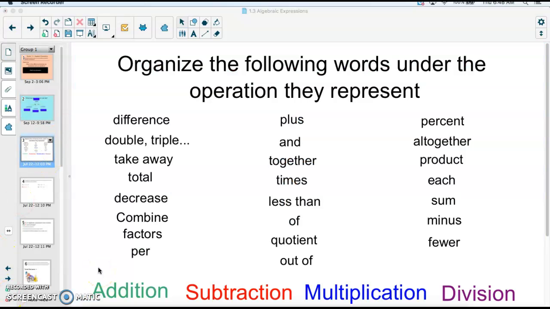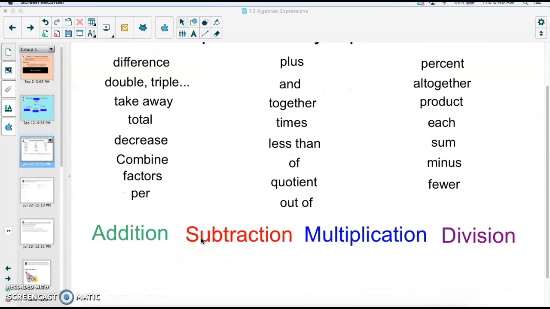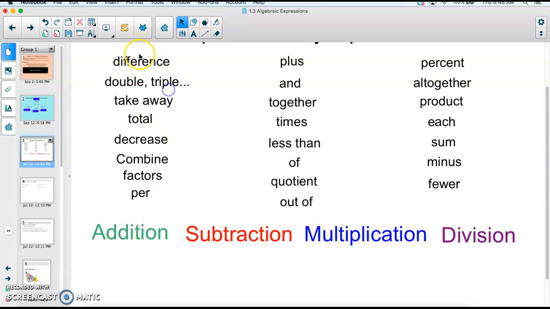All right, here we have some keywords that you're going to look for when we come across word problems. Math is just a language, and if you use the language, you can translate it from English into math. Just like you would English into Spanish or any other language, you can translate it into math. So we're going to organize these words based off of what operation they fall under. So difference would fall under subtraction.